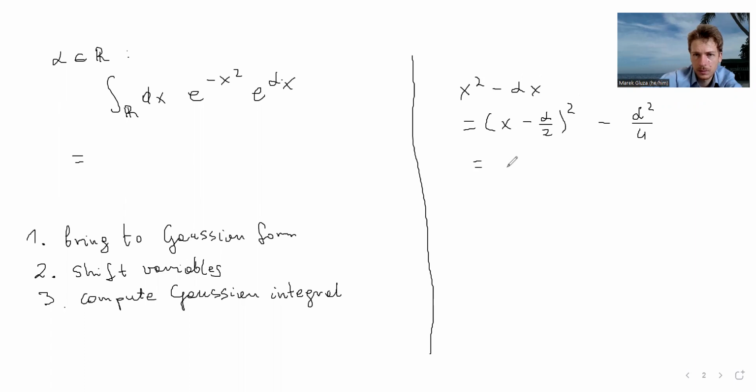Let's check that this works. x squared minus 2 alpha over 2, so alpha, times x plus alpha squared, minus alpha squared over 4. So this is correct.